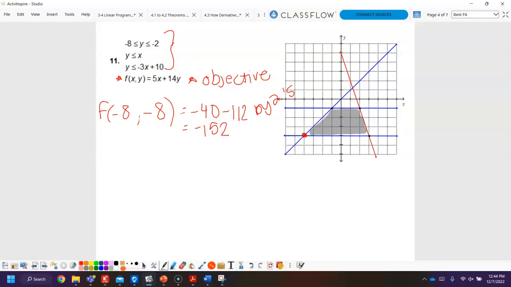Then you do it again for another corner. So this point right here is -2, -2. That is one of your vertice points. So then you take that point and you plug it in, and you get -10 minus 28. So you get -38. Then we do it again over here. So we have 6, 6.